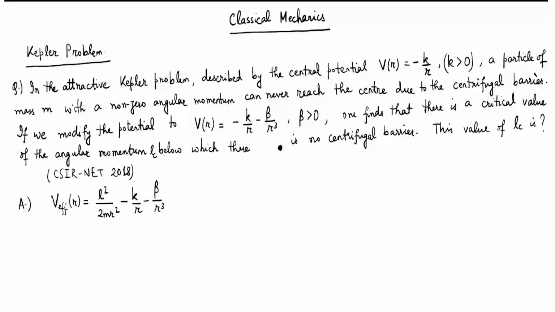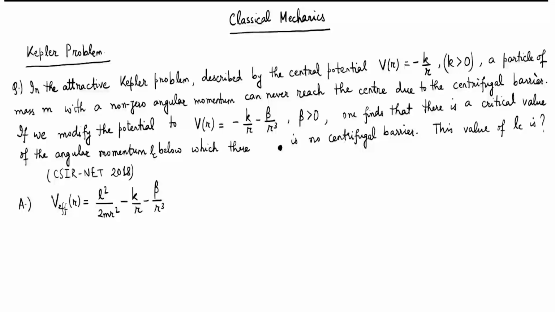In the normal Kepler problem, this was L square by 2mr square minus K by r. But here another term came, minus beta by r cube. So you have to differentiate with respect to r.